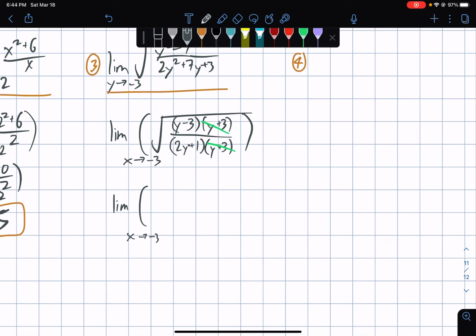Direct substitution law. So that's going to be -6 over -5, I think.